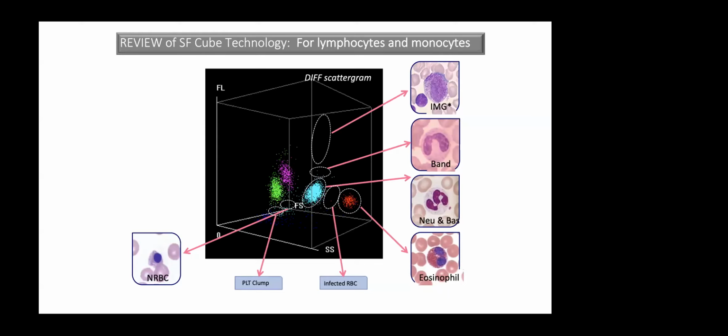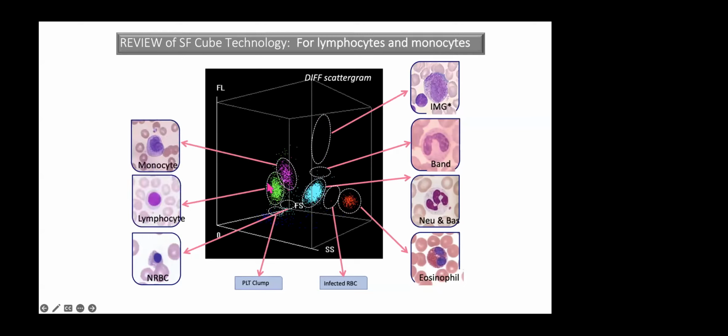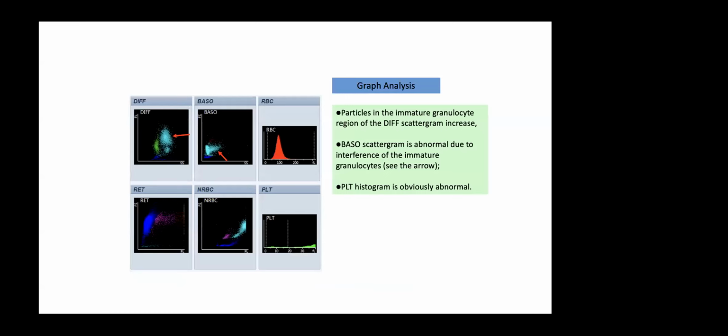Now, for the immature granulocytes, you have here the bands and the immature granulocytes above the bands. For the lymphocytes, we have presented that to you. And then the activated lymphocytes would be above your monocytes. So going back to the case, take note that the immature granulocytes appear to be dense.